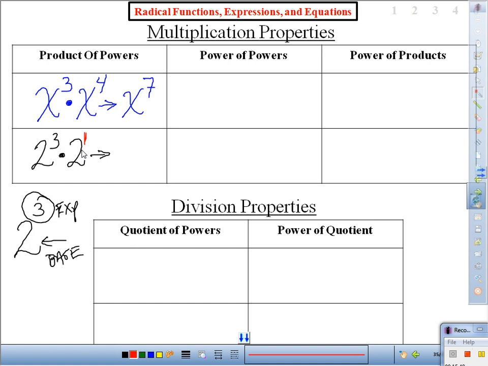Oh, the exponents, yes, we add the exponents. All right, we got 2 to the 4th. If I ask you to simplify that a little bit further, this is the same as 2 times 2 times 2 times 2, which is 16.